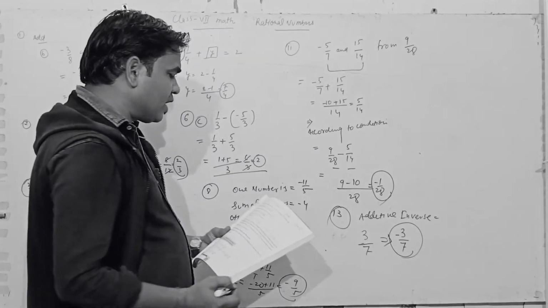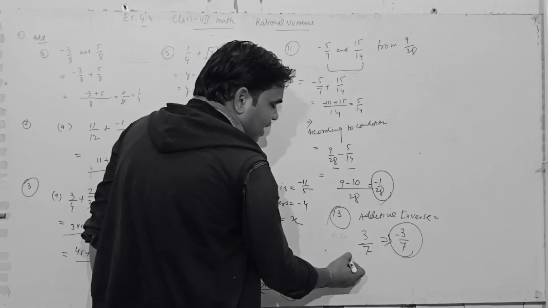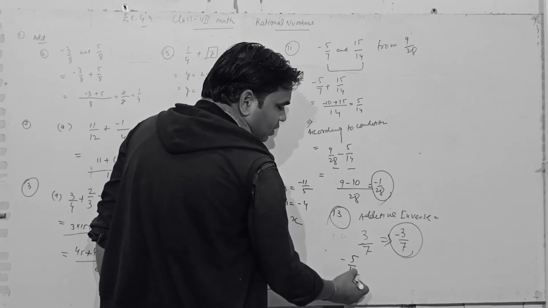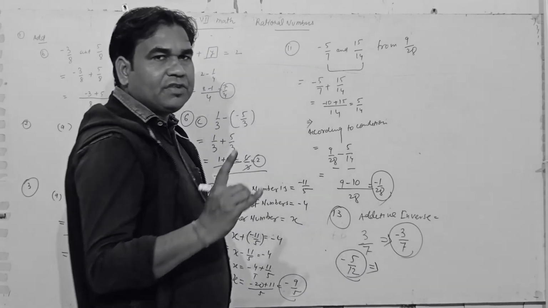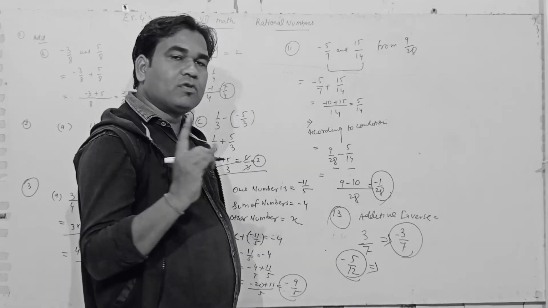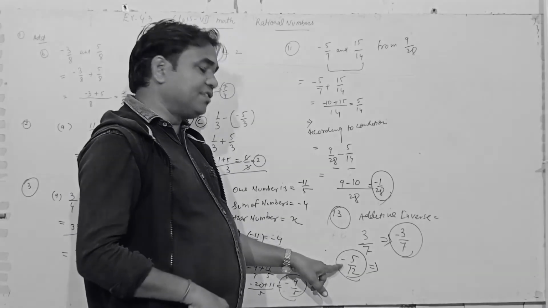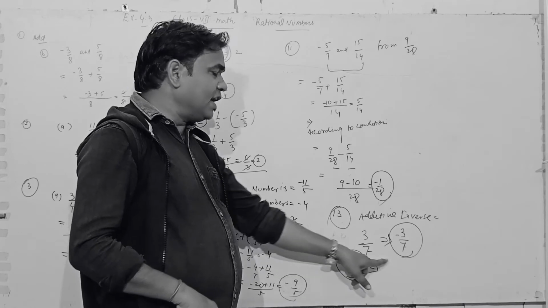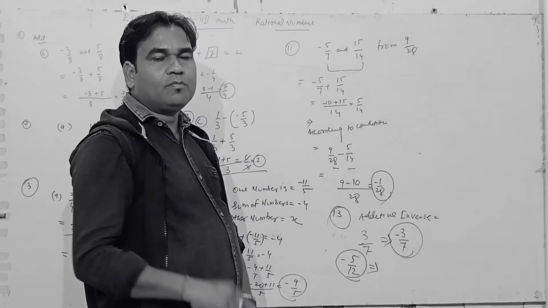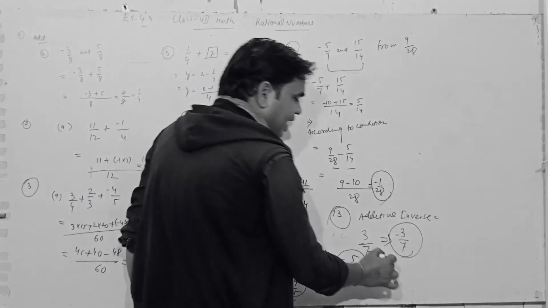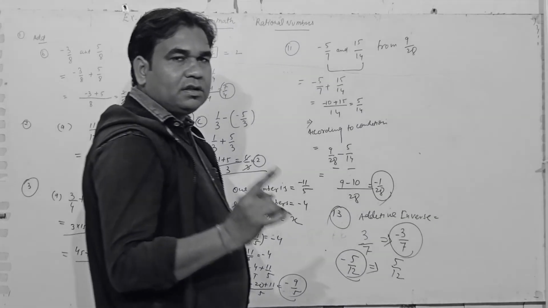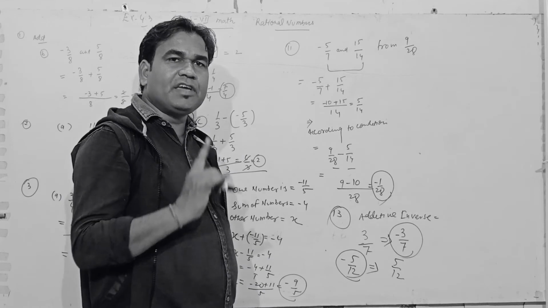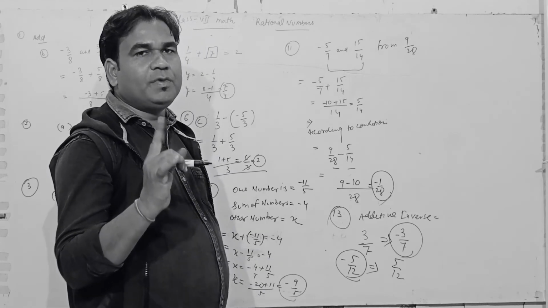In the same way you can take minus 5 over 12. The additive inverse of minus 5 over 12: this is the negative sign, and the additive inverse should have a positive sign. So that is 5 over 12. It means to say the additive inverse and the given number, when added, should be 0.